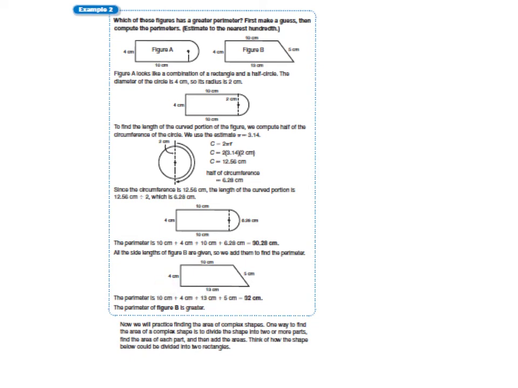So when we add those up, we get 32, and we see that this little triangle actually creates a greater perimeter than this semicircle. This might be useful information if you were trying to choose the shape of a fence and you wanted to save on material cost. So you might go with this shape because you'd save a little bit on materials because it would be slightly smaller.